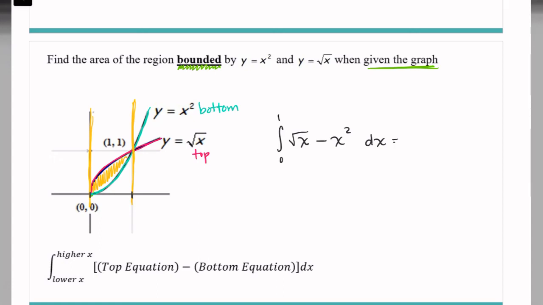Okay. When I do that in my calculator, I come out with 0.333, which everybody should be able to recognize is 1/3.